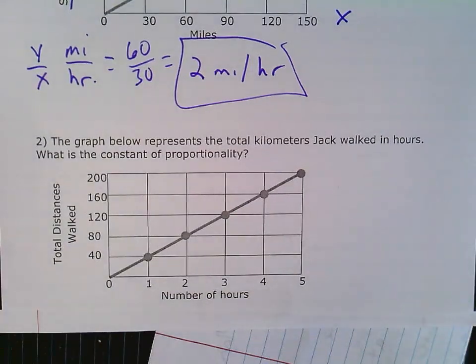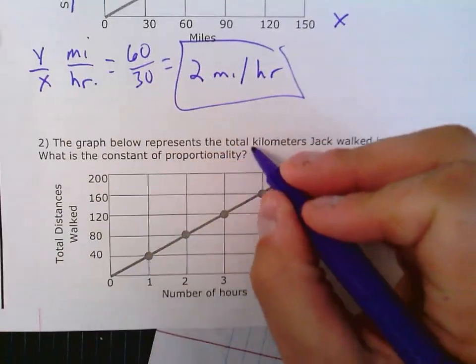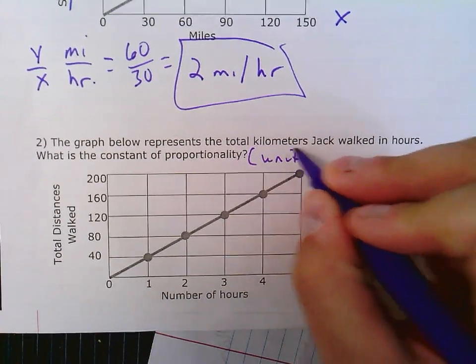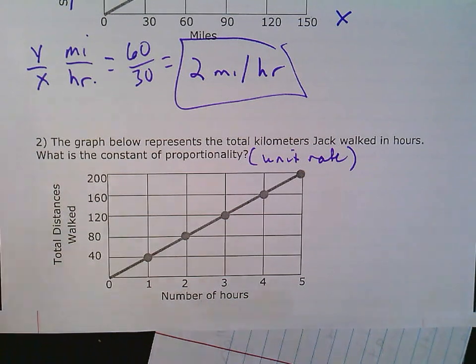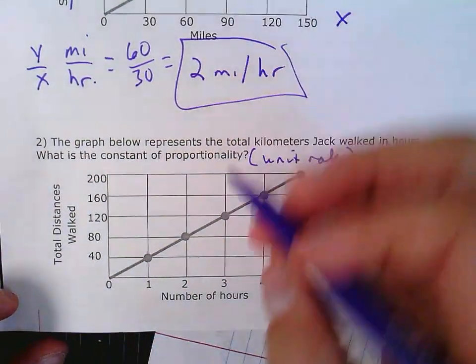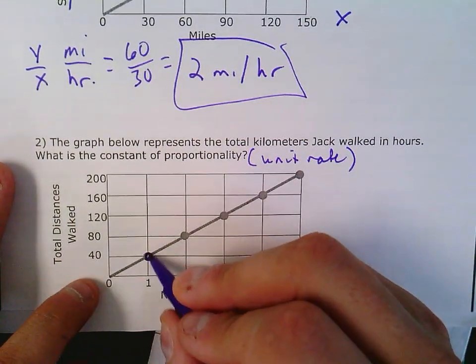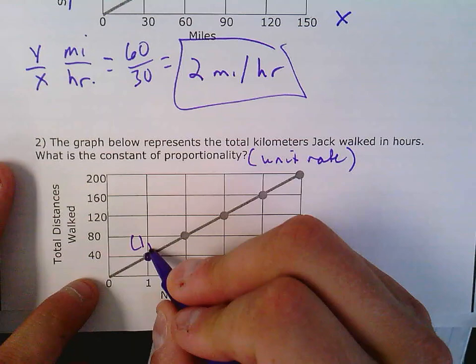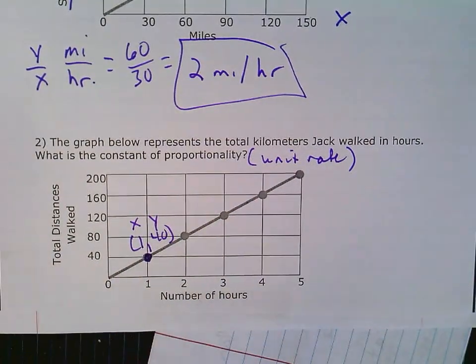The graph below represents the total kilometers Jack walked in hours. What is the constant of proportionality? Once again, what is the unit rate? Notice you can pick any of these pairs. If you think about a table, this point is 1, 40, where x is 1 and y is 40.